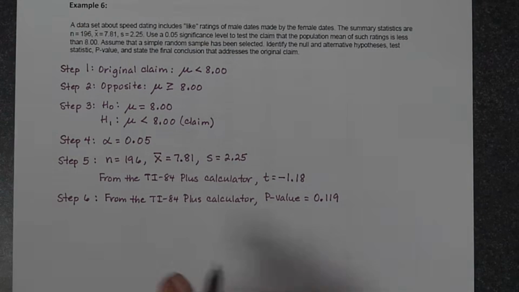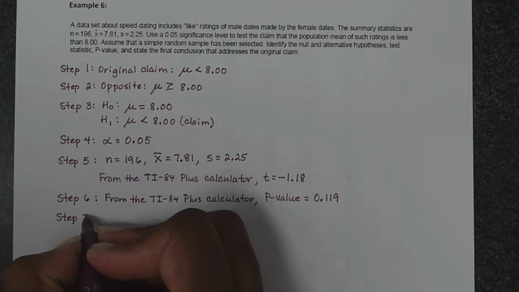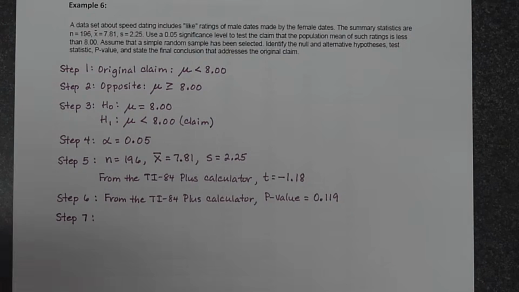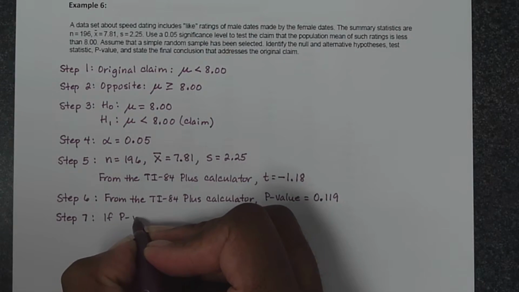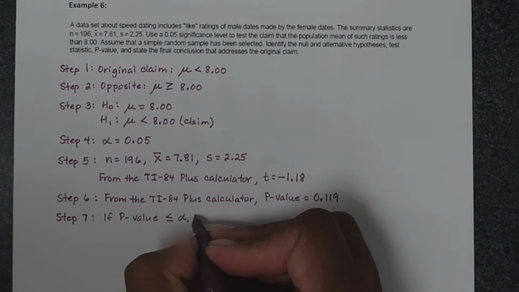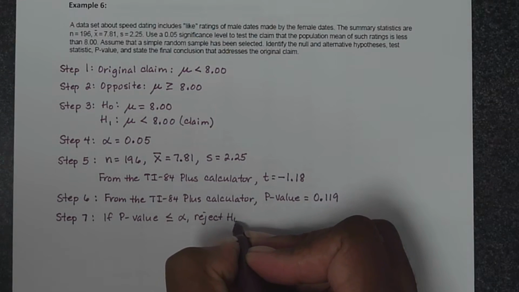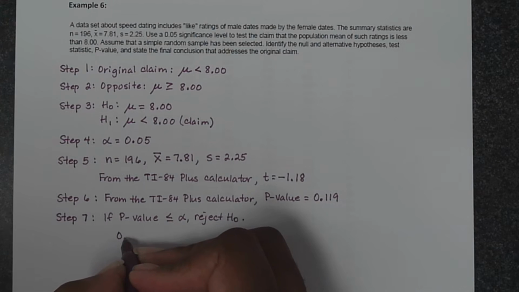And then step number 7 is our decision rule. Since we're using the p-value method, we're going to say this. If our p-value is less than or equal to alpha, reject the null hypothesis. Otherwise, fail to reject the null hypothesis.